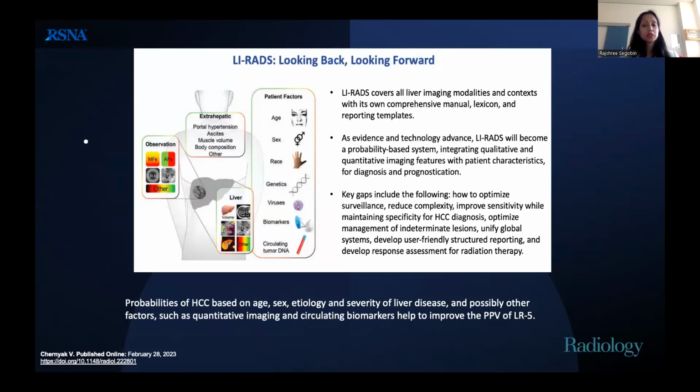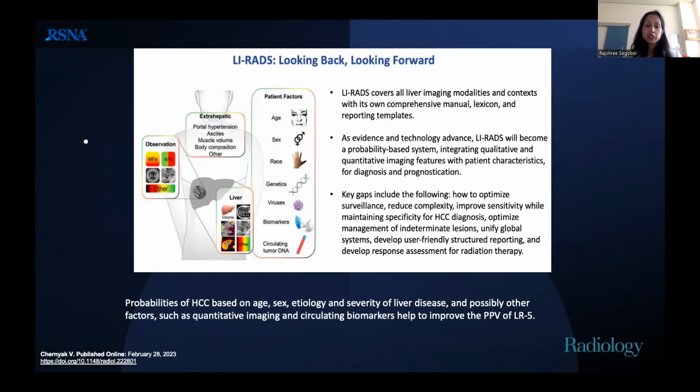As I mentioned, some of these gaps are present, but we are moving in a direction to unify global systems. It has been implemented in the North American College of Radiology guidelines already, and we are moving further towards user-friendly structured reporting to facilitate interdisciplinary communications.